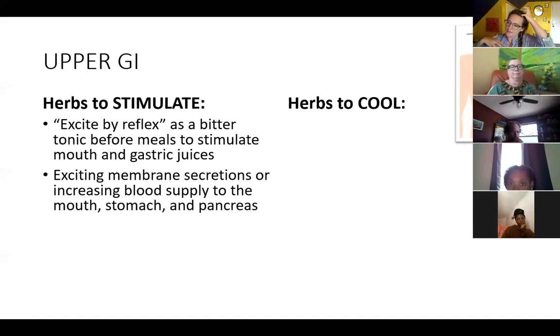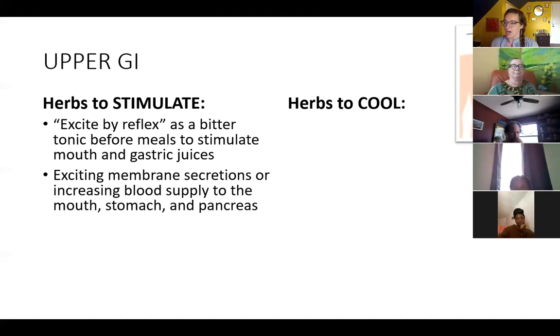I had an upper GI deficiency that I identified through studying this and through my own body exploration. I think this is why I was so drawn to bitters. It was stimulating my upper GI to the point where I don't feel like I actually have to have bitters all that often anymore. I think I have changed my physiology to a degree that it has brought balance.